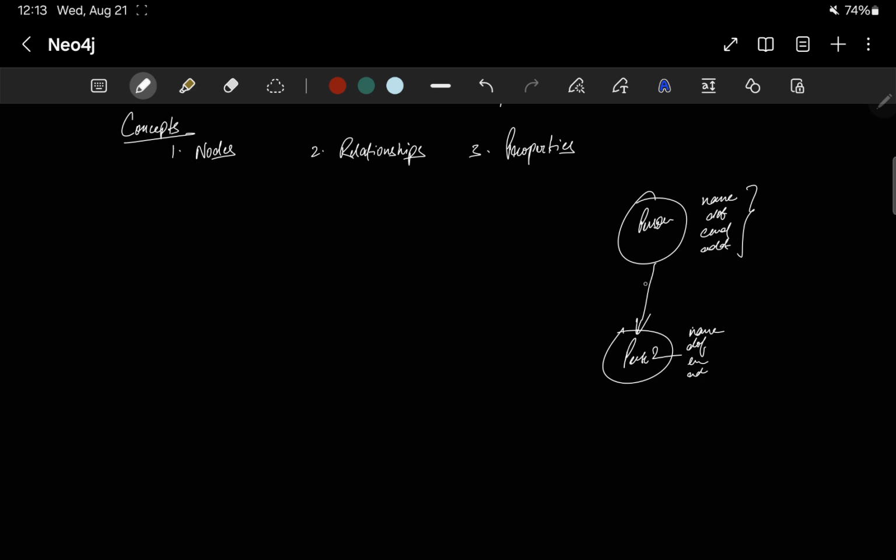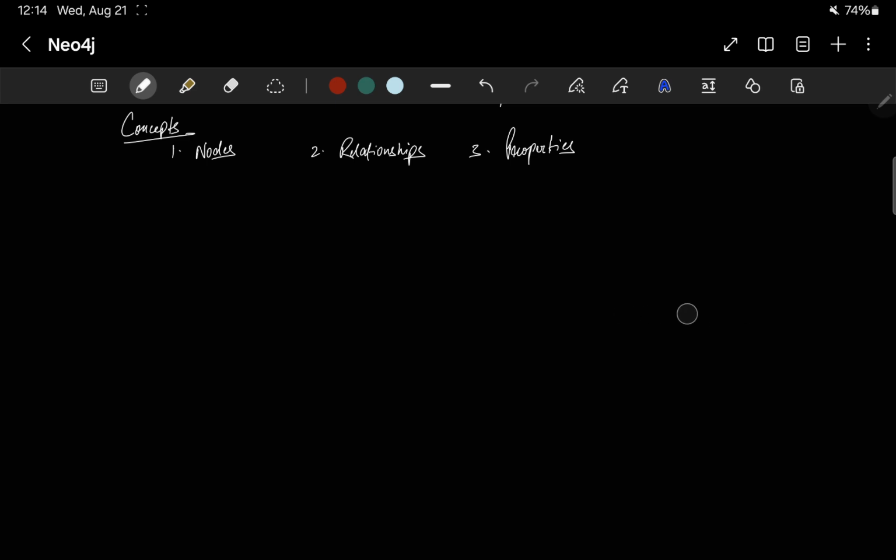This relationship also will have properties, like let's say person 1 is following this person since some date, right? So this is the node, this is the relationship, and this is the property. Next is CQL. CQL is Cypher Query Language.